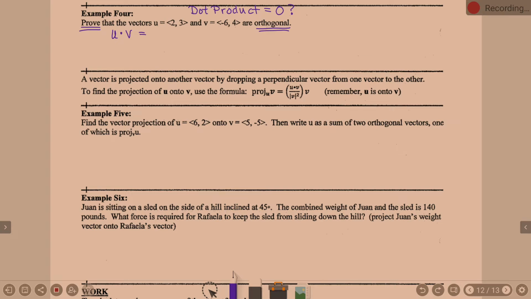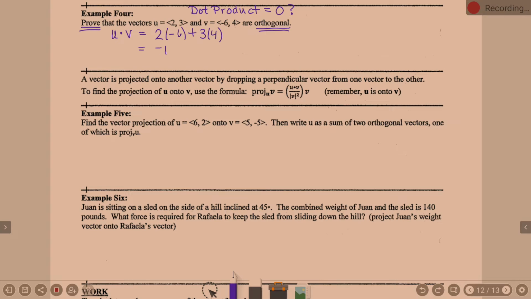u1 v1 plus u2 v2. So in this case, it's going to be 2 times negative 6 plus 3 times 4.